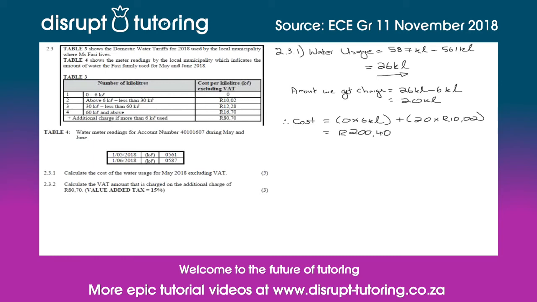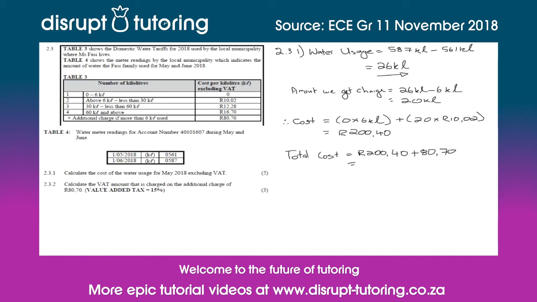However, that doesn't end there. It does say there's an additional charge if more than 6 kiloliters is used. So there's this standard 80 Rand and 70 cents that's charged as a once-off if it's above 6 kiloliters, and we know that it is above 6 kiloliters because it's actually 26 kiloliters. So the total cost is equal to the 200 Rand and 40 cents plus the 80 Rand and 70 cents.